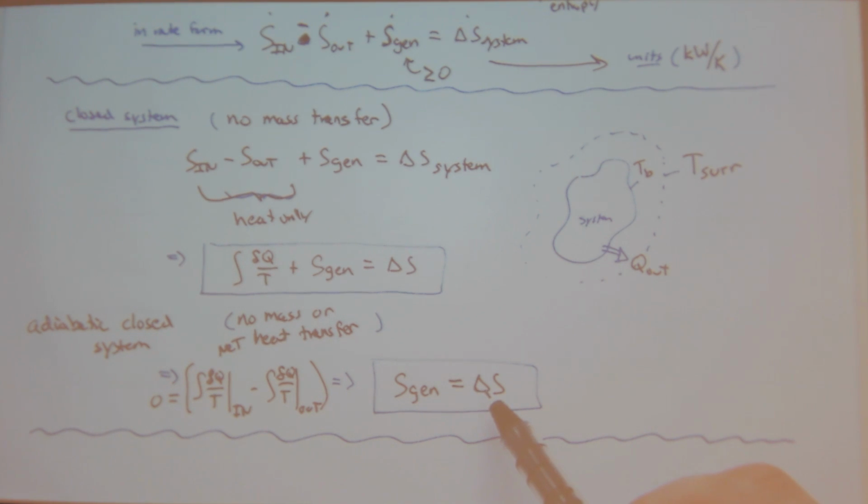So if I go to two different states, this would be a natural process. S gen has to be greater than or equal to 0.